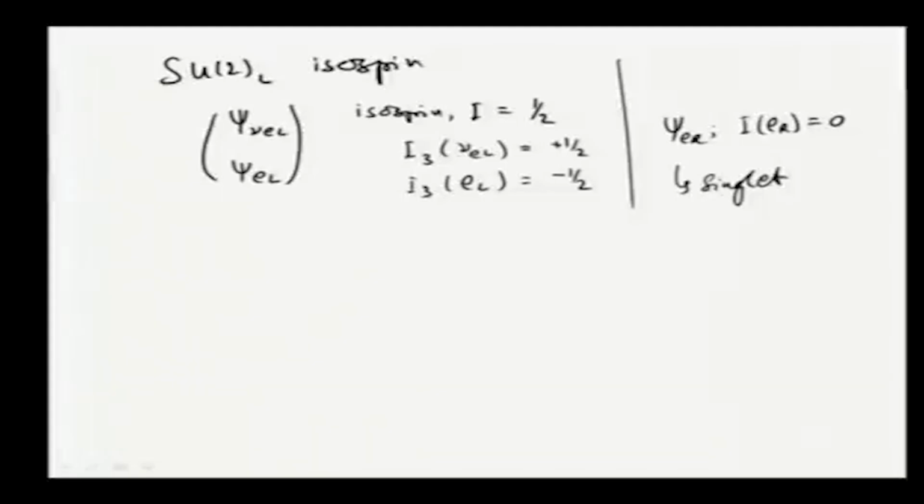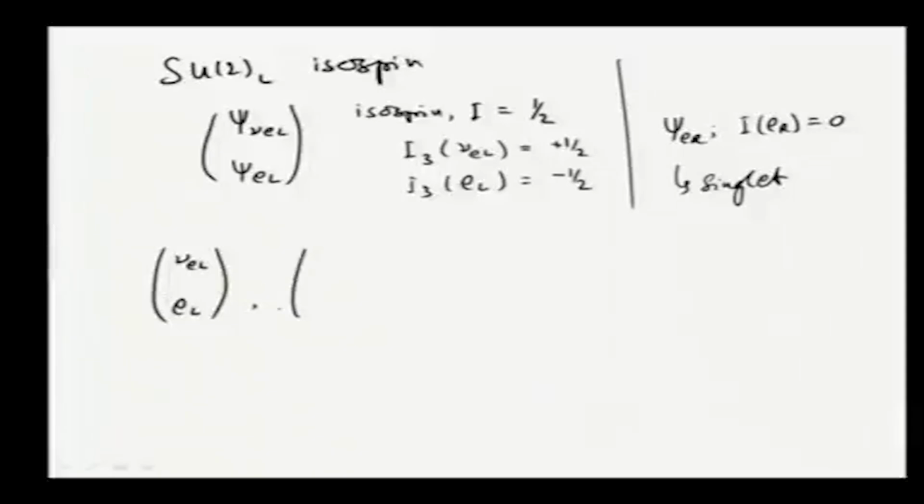Similarly, other fields also can be clubbed. So, let us write that down. I will forget about the psi for the time being, because the notation is becoming more and more complicated or clumsy if I write all the labels. So, I will forget about psi here, write only the notation nu e L just to denote the corresponding fields.